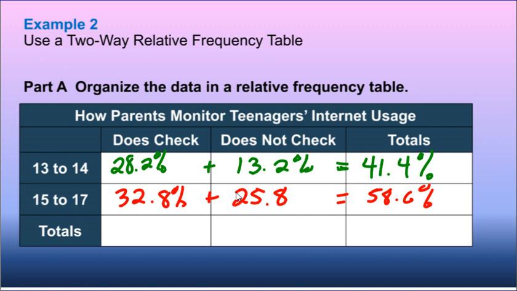So 28.2 plus 32.8 gives us 61%. This one gives us 38%. And if I add them together, that should also give us 100% here.